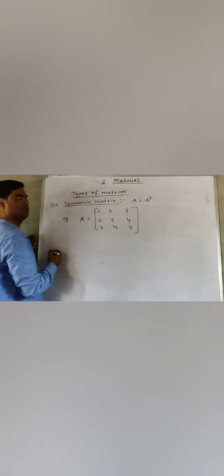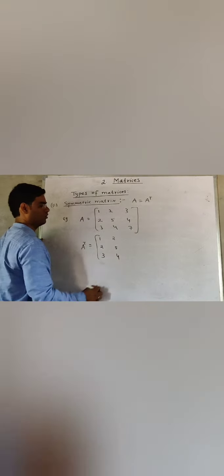Now find the transpose of this matrix, that is, interchange rows and columns. 1, 2, 3 is the first row, so it becomes the first column. 2, 5, 4 is the second row, so it becomes the second column. 3, 4, 7 is the third row, so it becomes the third column.